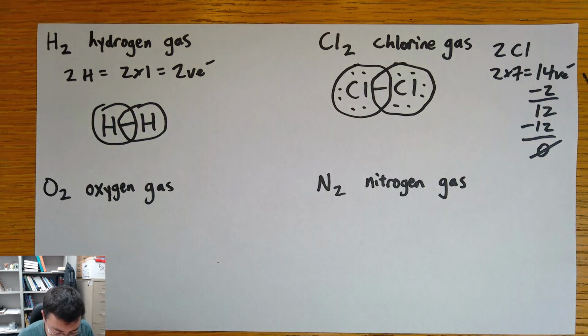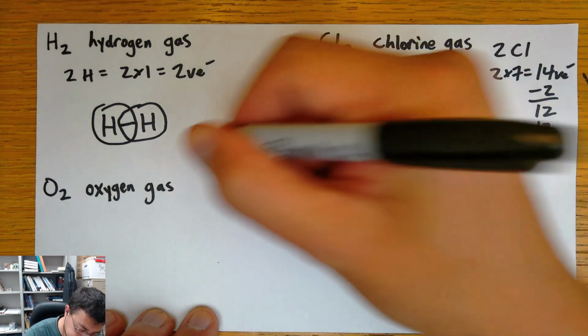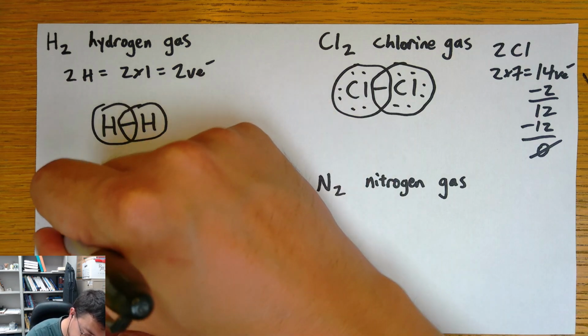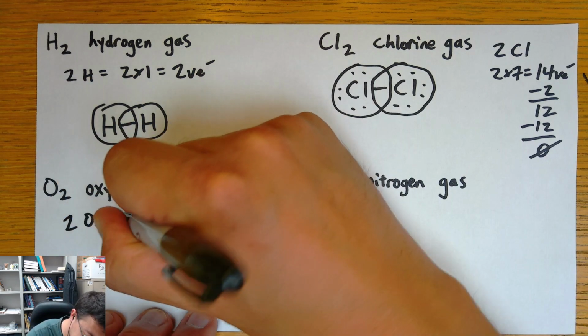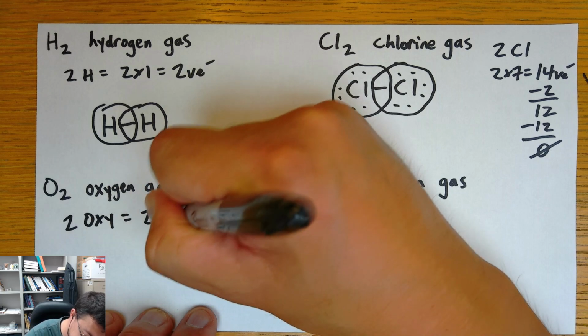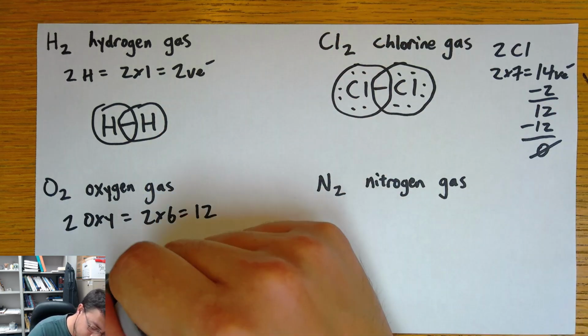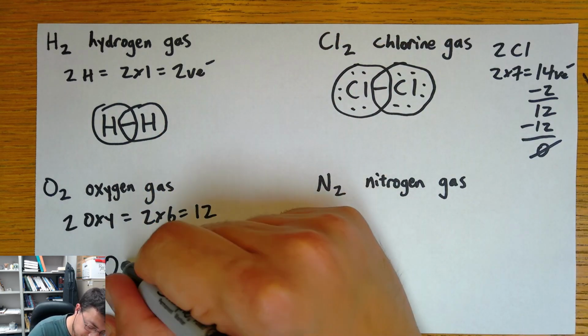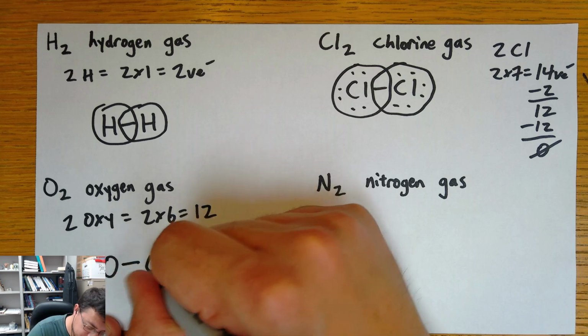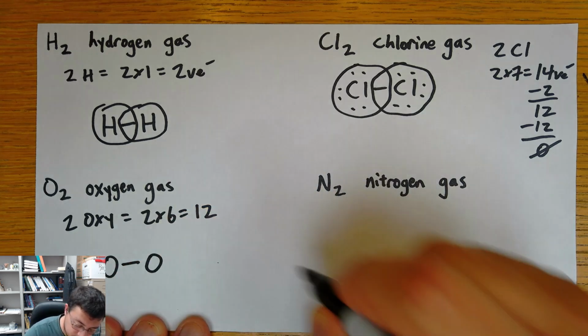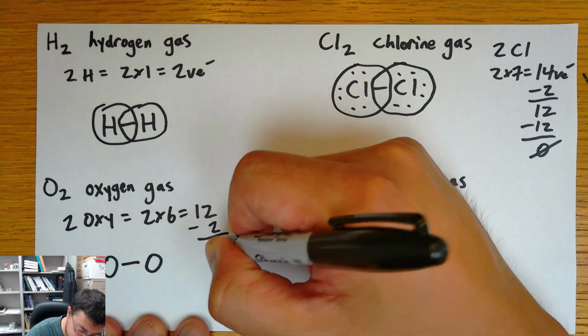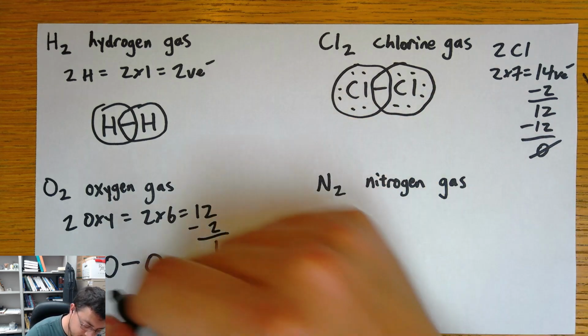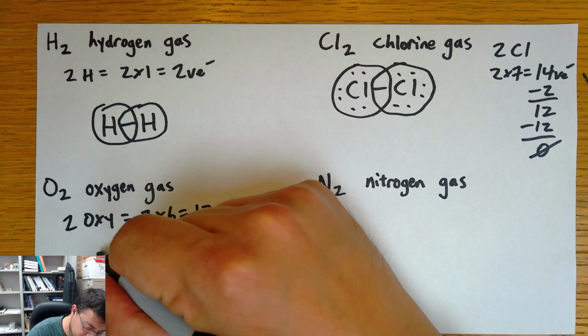All right, oxygen gas. We have 2 oxygens. So that's going to be 2 times 6, 12. Oxygen, oxygen. We have made 1 bond, so we have 10 left. 1, 2, 3, 4, 5, 6.